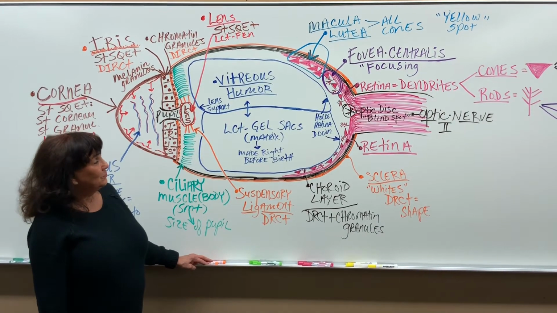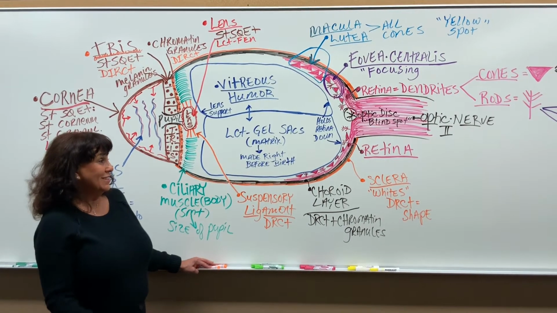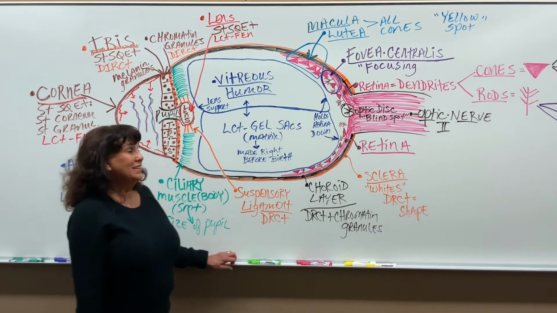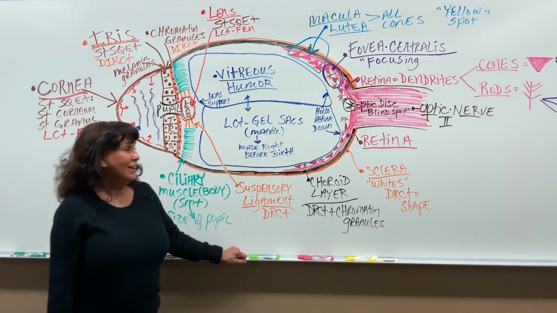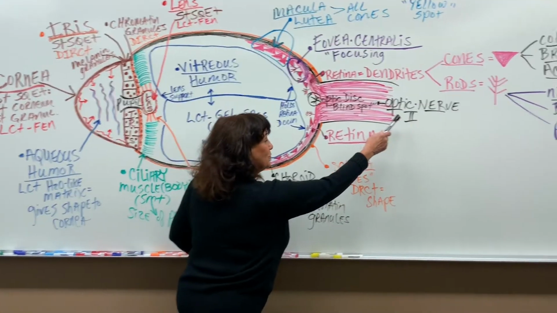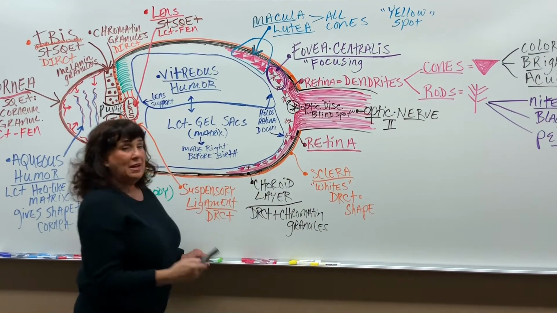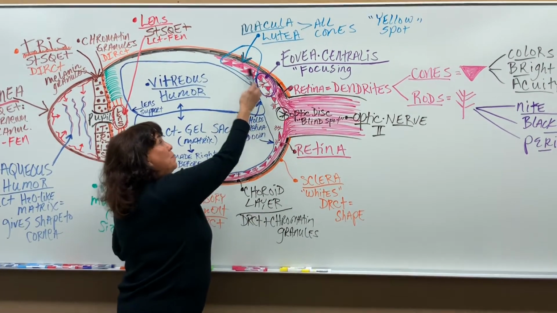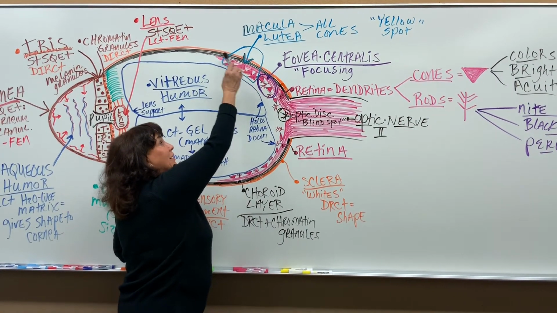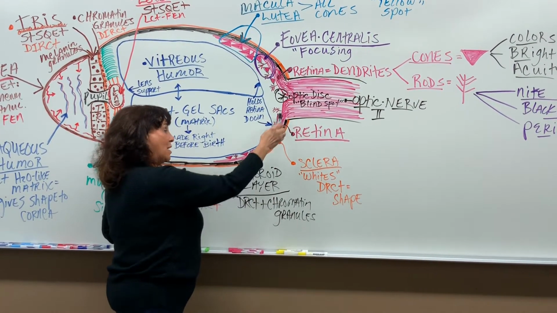All right, now the most important part of the eye, if you had to say this, is in the back, and it's the optic nerve that comes in and makes your retina, okay? And so here's the optic nerve, which is cranial nerve number 2. It comes in back here, and immediately it splits. Half of it goes up and sits on the choroid layer here, and half of it turns and goes down here.